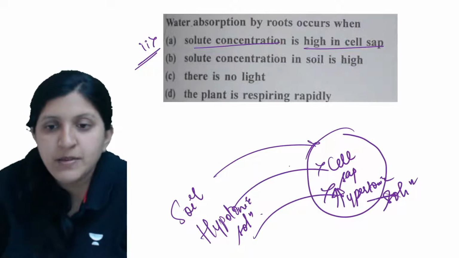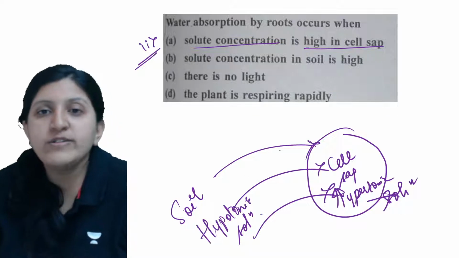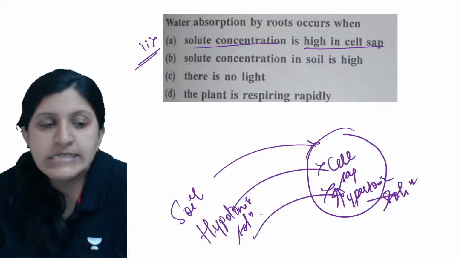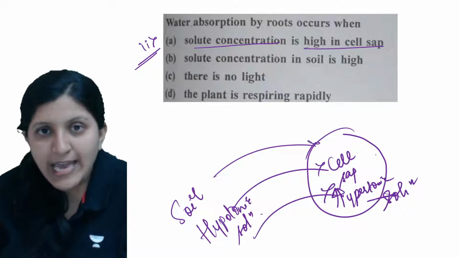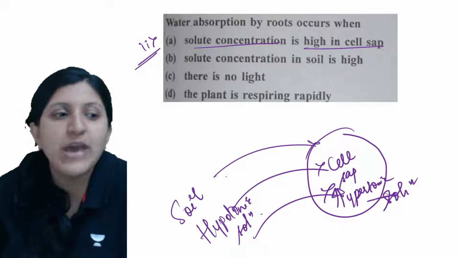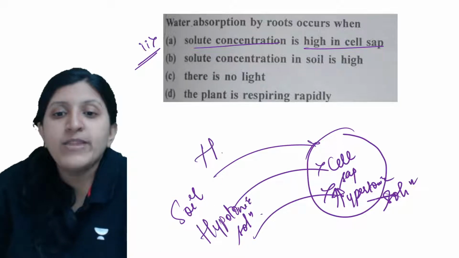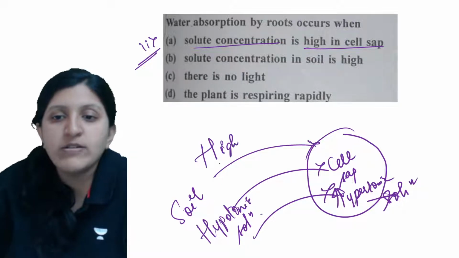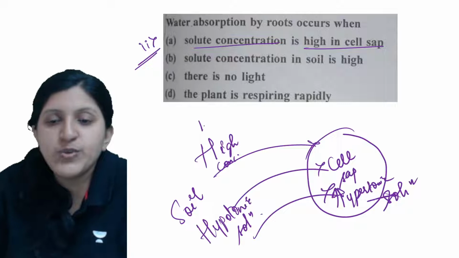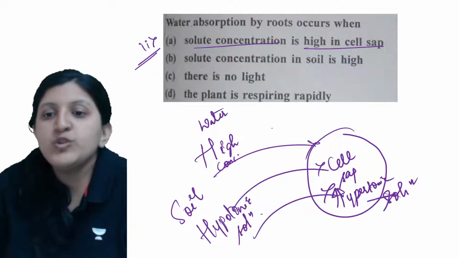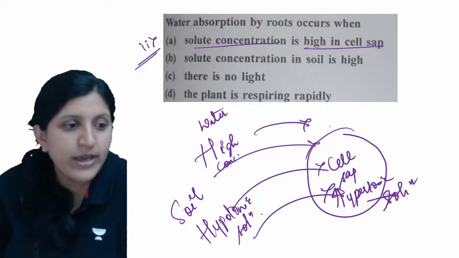So what exactly is the reason for this? As the cell sap is maintained at a high concentration, water will always move from the region of higher concentration to the region of lower concentration.